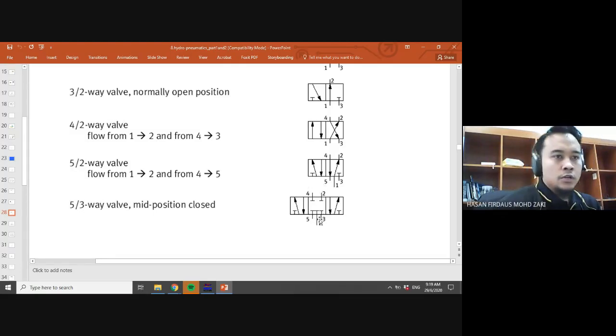So in the initial position, you can see that all ports are blocked, right? All ports are blocked. And then if you choose the position at the left, you can see the flow from 1 to 4 and 2 to 3. Okay. As well as if you choose the right position, it will flow from 4 to 5 and 1 to 2. Okay, three positions.